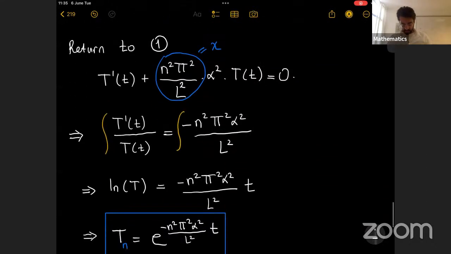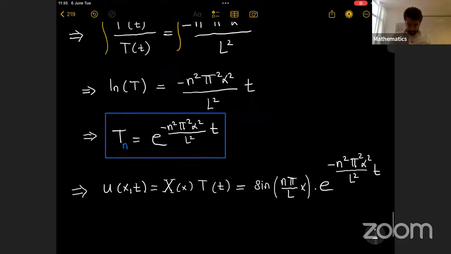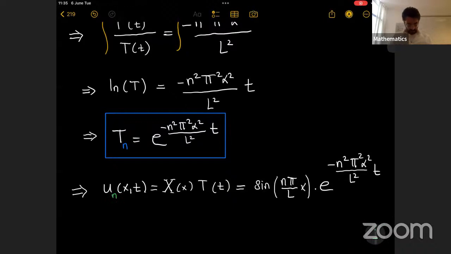Sine n pi over L x, times e to the minus n square pi square alpha square over L square times t. Well, again, the solution depends on n, so for each n, we get a different solution, for all n from 1, 2, 3, and so on.